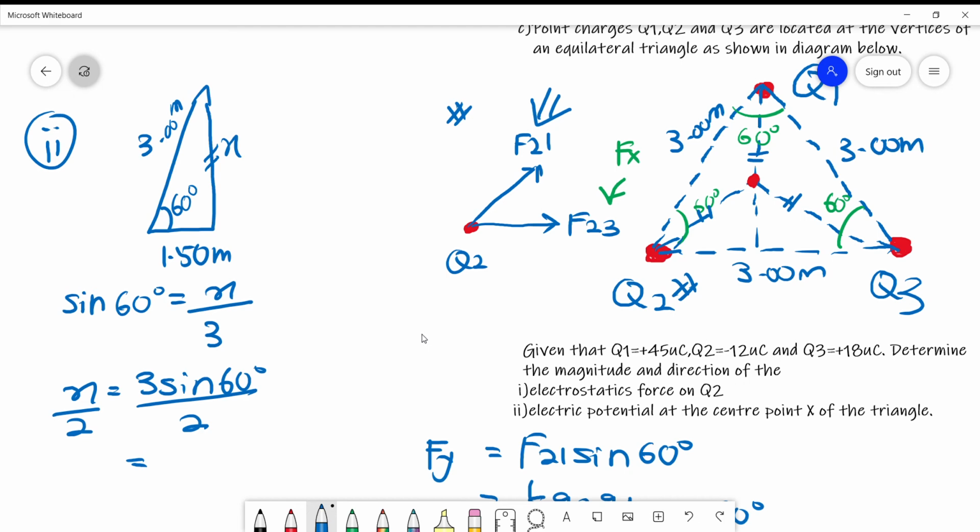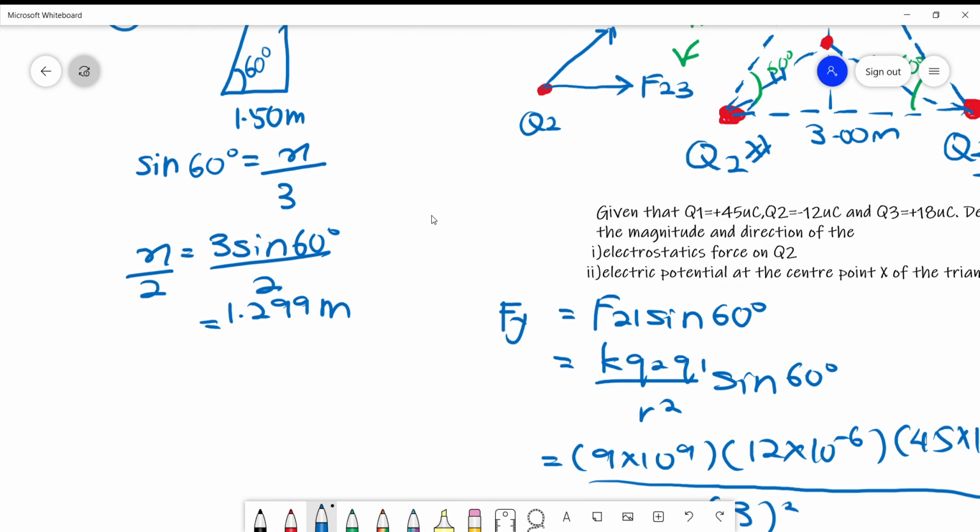So 3 sine 60 divided by 2, and what I get is actually 1.299 meters.